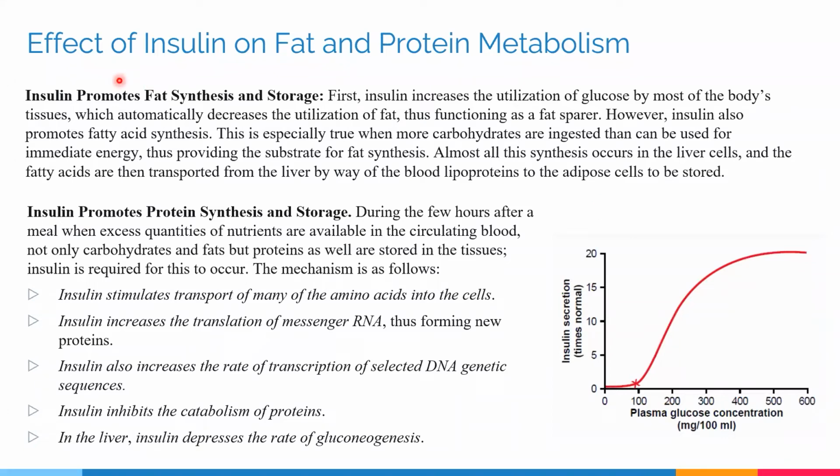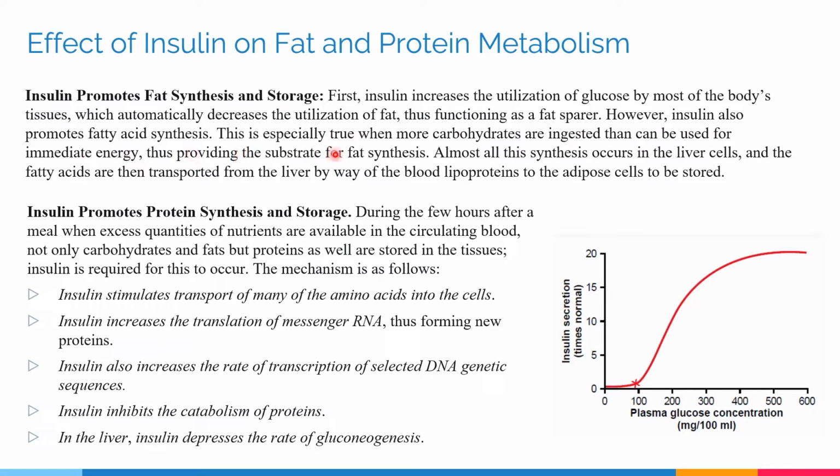Next, let us look into the effect of insulin on fat and protein metabolism. Insulin promotes fat synthesis and storage. First, insulin increases the utilization of glucose by most of the body's tissues, which automatically decreases the utilization of fat, thus functioning as a fat sparer. However, insulin also promotes fatty acid synthesis.